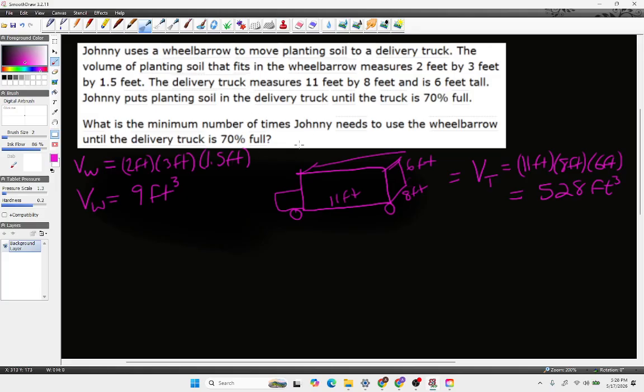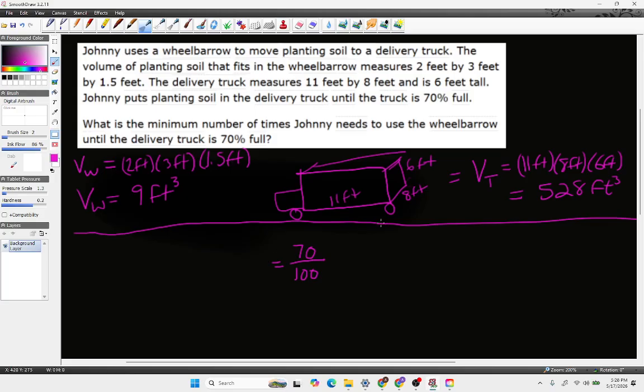And we know with percent problems, these are proportional relationships, and we can use y equals kx, or we can use the butterfly method. For this problem, I'm going to demo it using the butterfly method. And I'm going to do it as follows, okay? So we have 70% over 100 equals, remember it's part over whole equals percent over 100.